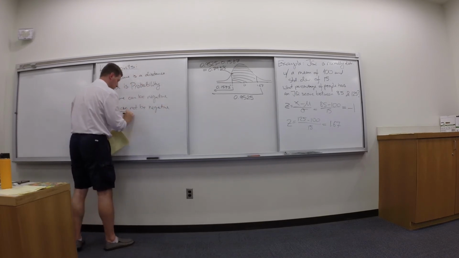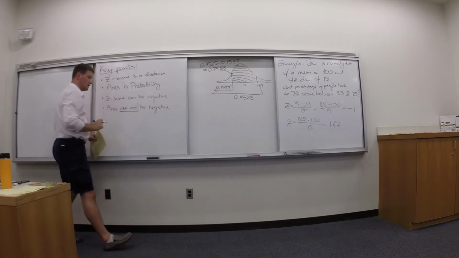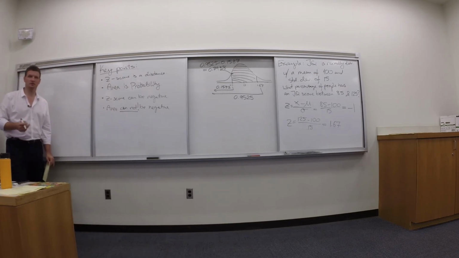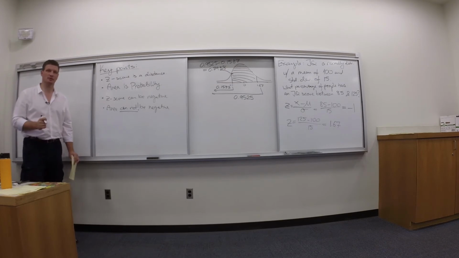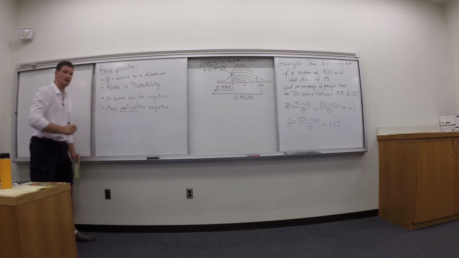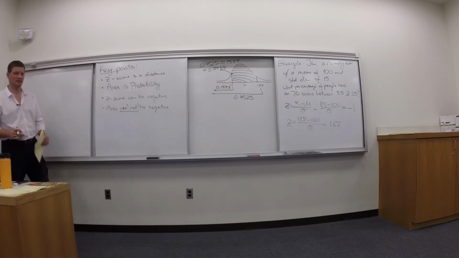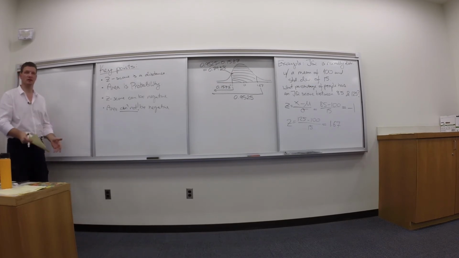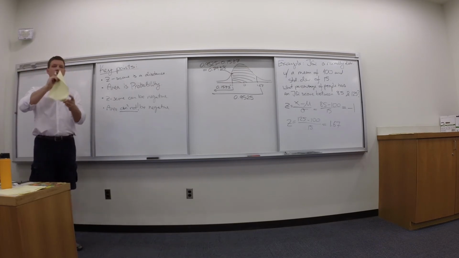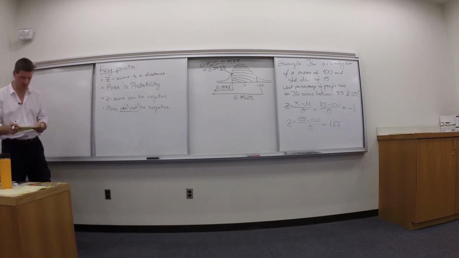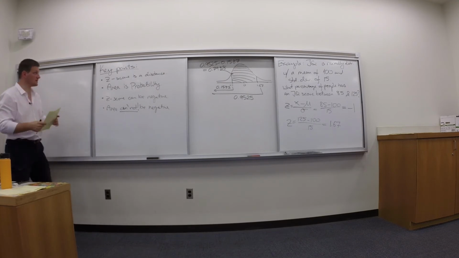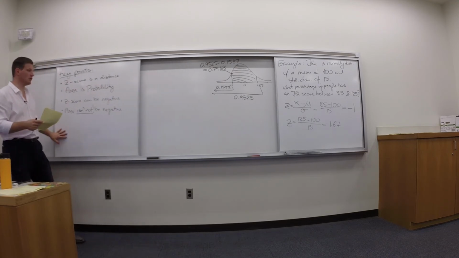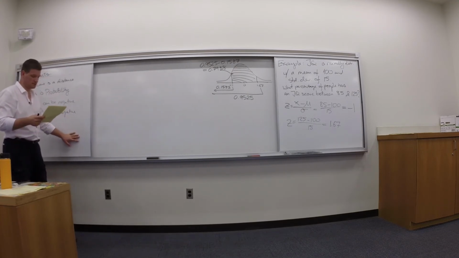I know "cannot" spelled separately is bad grammar, but it's important that you understand it cannot be negative. Area cannot be negative. Why? Because probability cannot be negative. Negative area would mean the area is somewhere else. You cannot make it disappear. So those are the key points. Now, having those in mind, let's continue.